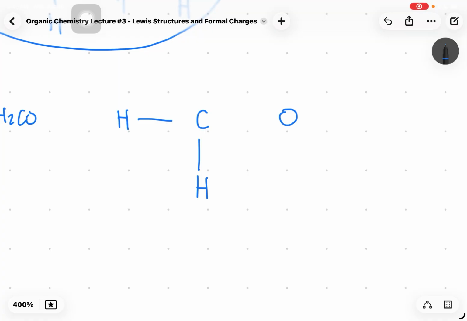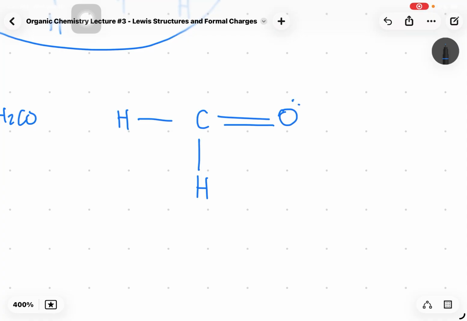So how many bonds do we have to apply to one more atom to have a full octet? That's right, a double bond. We need two bonds. So 1, 2. But we can see that oxygen doesn't have a full octet. So what do? That's right, we add lone pairs.